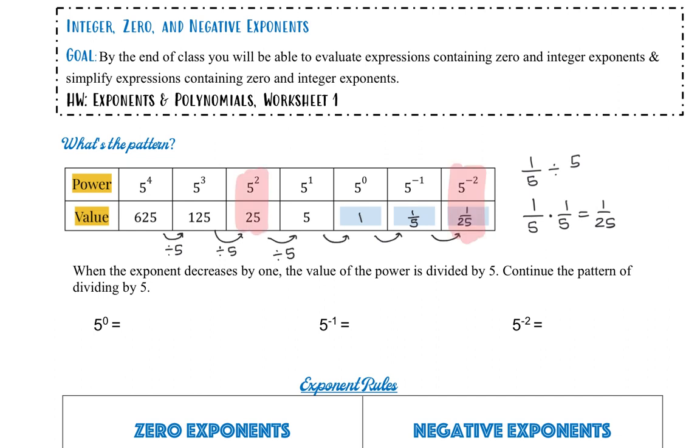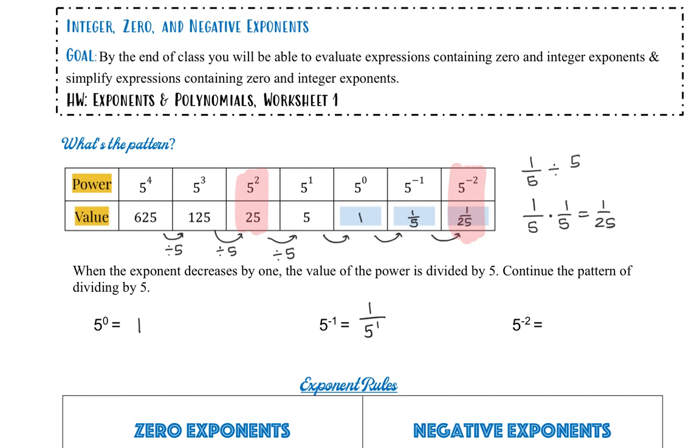So notice the pattern here. In the two spots that I just highlighted in red, 5 to the power of 2 is 25. 5 to the power of negative 2 is 1/25. Okay? So when we move down here to 5 to the power of 0, anything to the power of 0 will always be 1. 5 to the power of negative 1, we put our 1 in the numerator.